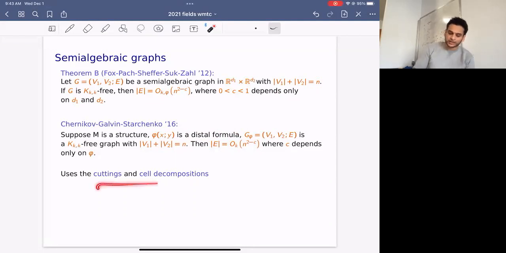So they end up using cuttings in solid decomposition. So C depends on the complexity. So yeah, it's a generalization of this. Any questions so far? Okay, so this is our background so far.